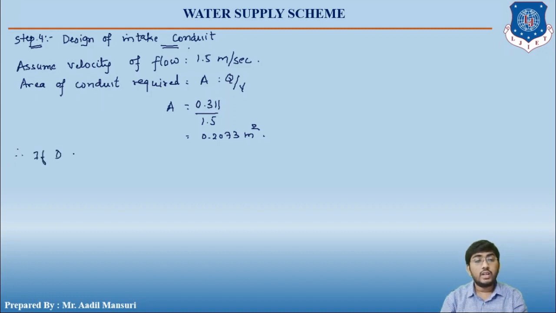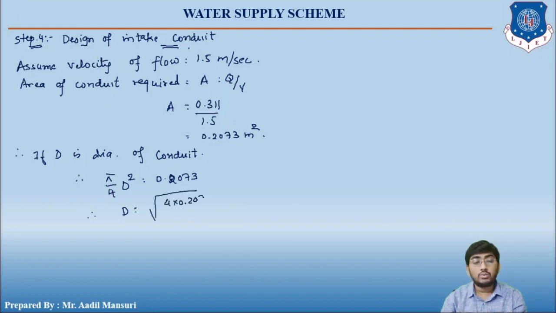So if D is the diameter of conduit, then pi by 4 into D square equals 0.2073. Therefore D equals under root of 4 into 0.2073 divided by pi, and therefore diameter of conduit will be equal to 0.514 meter, or approximately 0.55 meter. So if we provide diameter of 0.55 meter, then what will be the velocity?